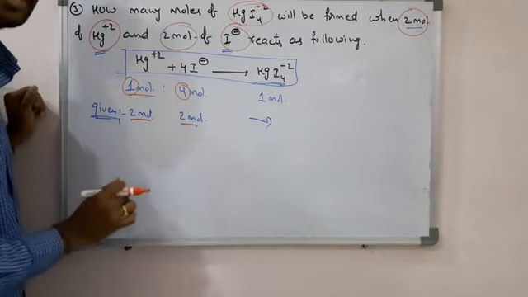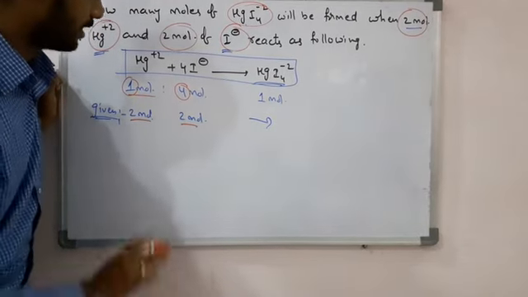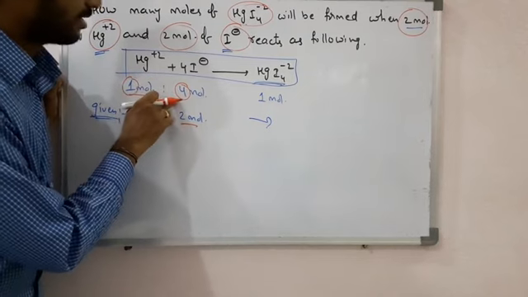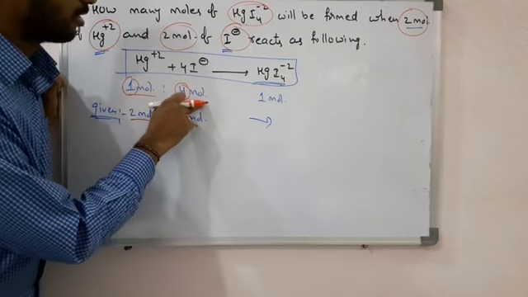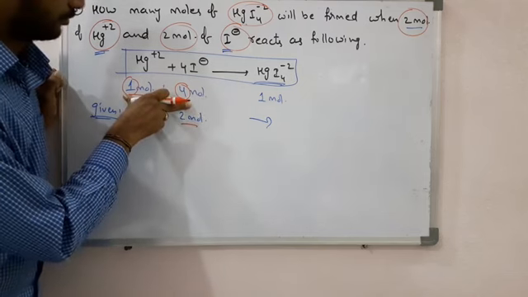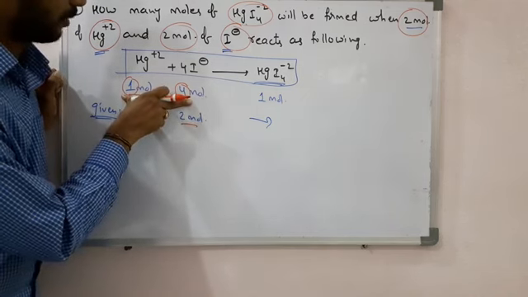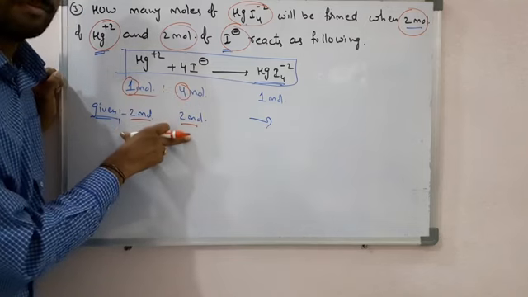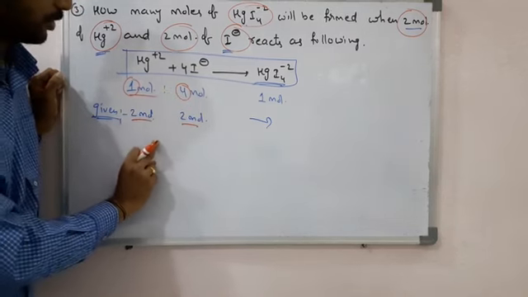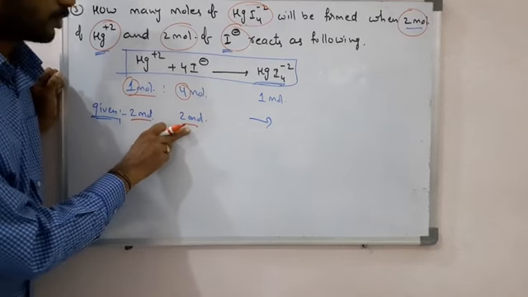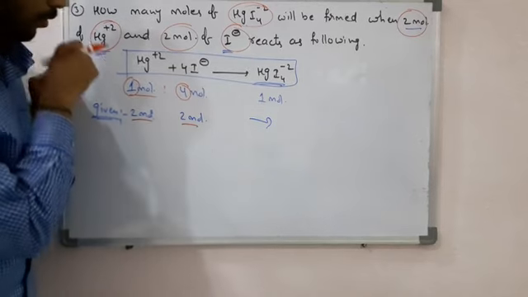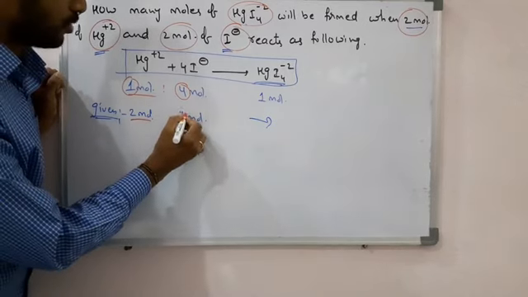According to the balanced equation, 1 mole of Hg plus 2 can react with 4 moles of I minus, 1:4. If you apply this to the given values, the 2 moles of Hg plus 2 should react with 8 moles of I minus. But only 2 moles are given.